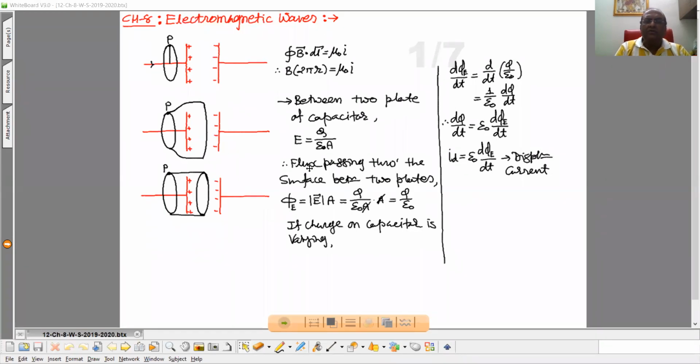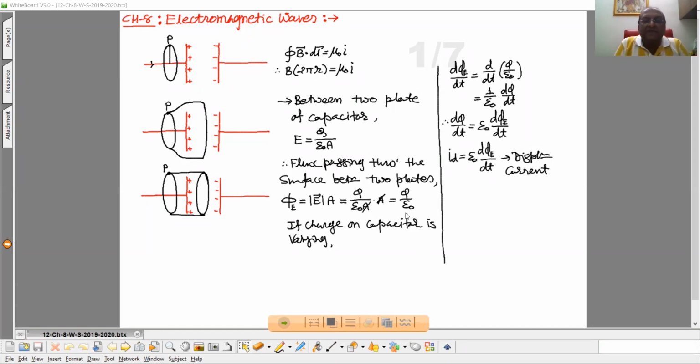Now, flux passing through the surface between two plates, we can write that is flux equal to E into A, area of that particular surface, which one is between two plate of the capacitor. So E, that is Q upon epsilon 0 A, into area of that surface, that is Q upon epsilon 0.